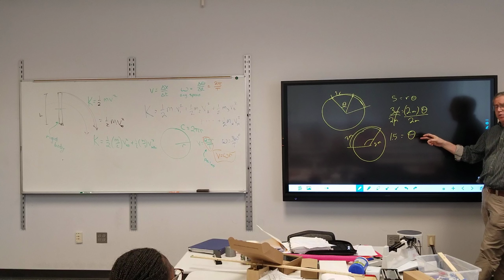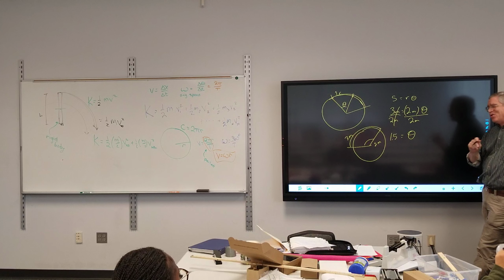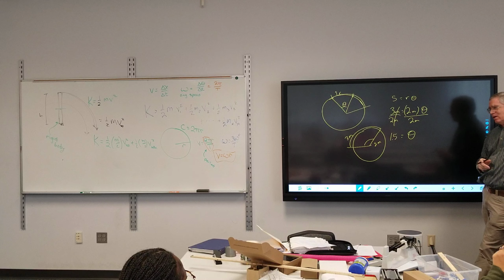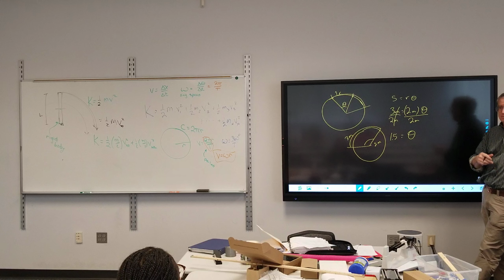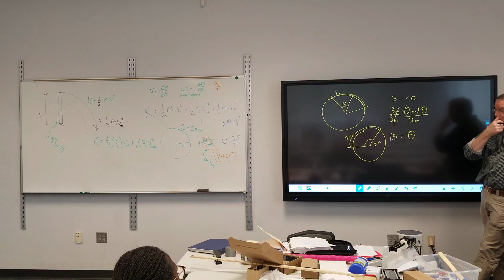Now I said the angle would be in radians, except the units cancel out. It turns out that the radian I refer to as a unitless unit. You could put it in or take it out. This inspired a student a number of years ago to put radians at the end of all of his answers, because why not? Now typically, why would you put radians in if you don't have to?